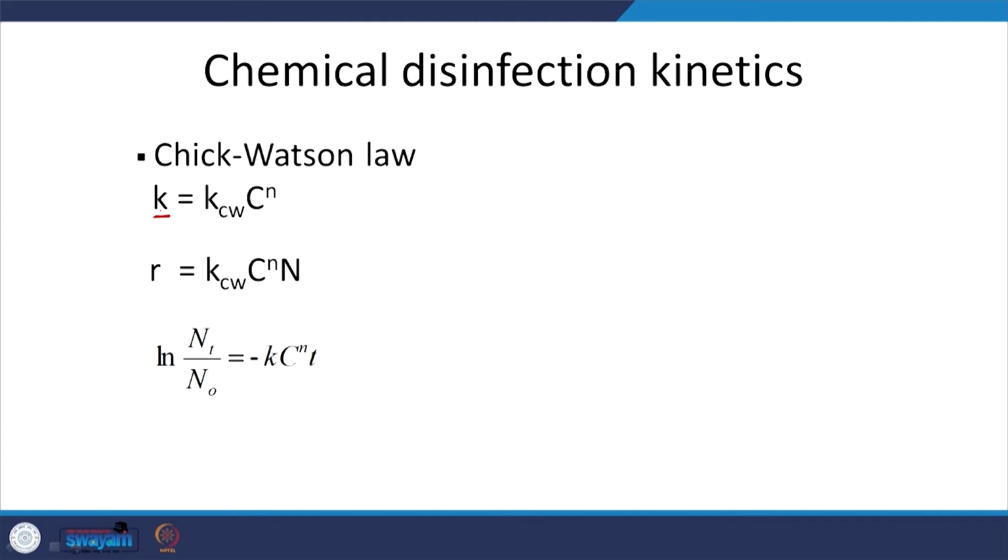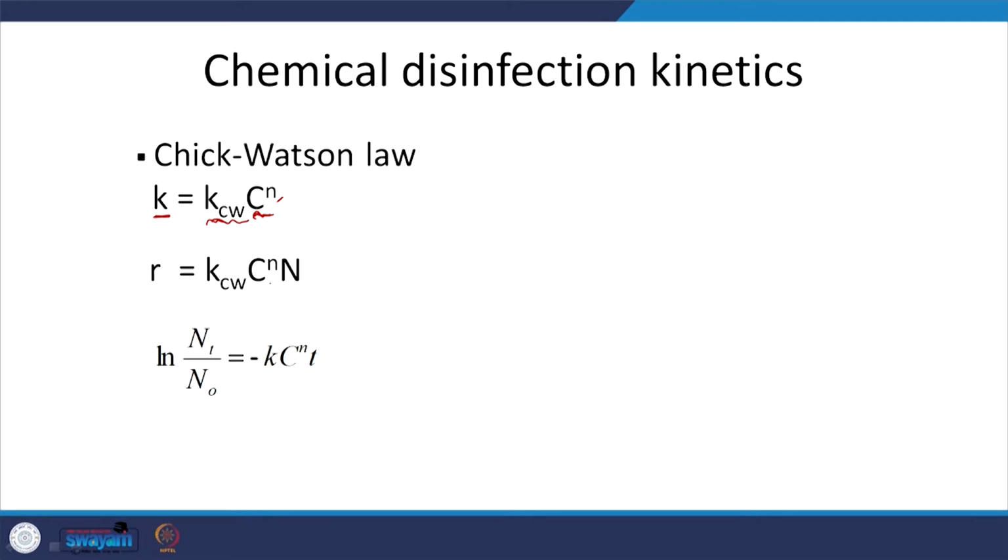So, we had the rate constant earlier. So, that rate constant is dependent upon Kcw, the inactivation rate constant, and the concentration of the disinfecting agent which you are holding or assuming to be constant in that system, and n is the dilution factor that we considered earlier.